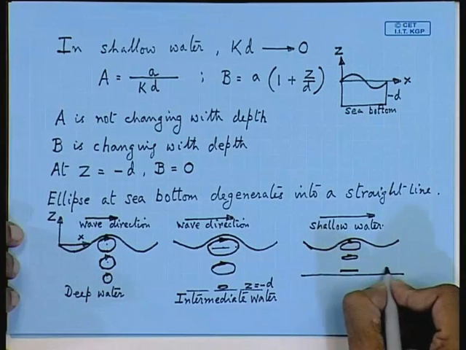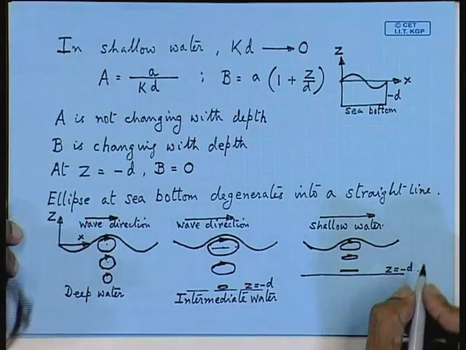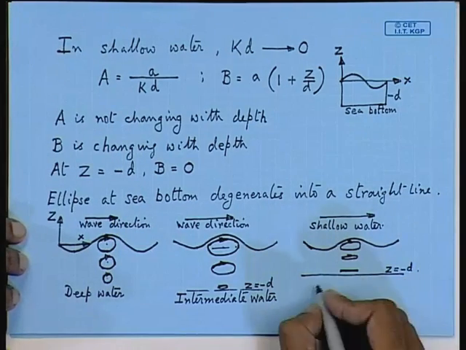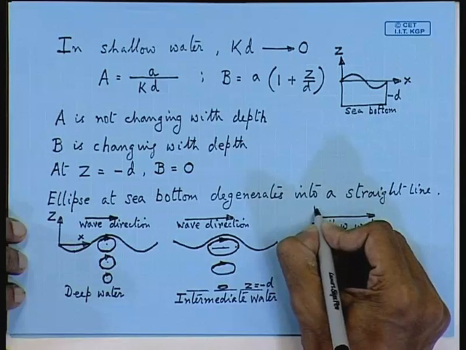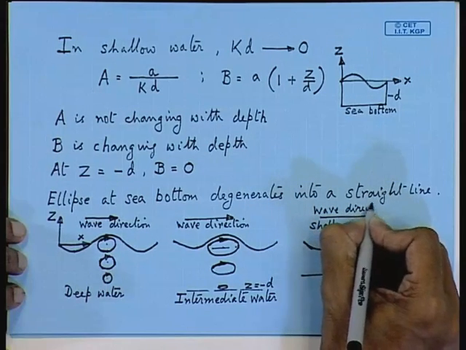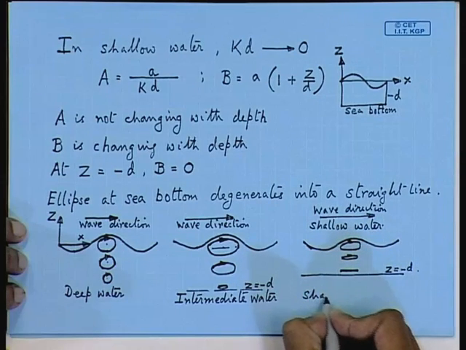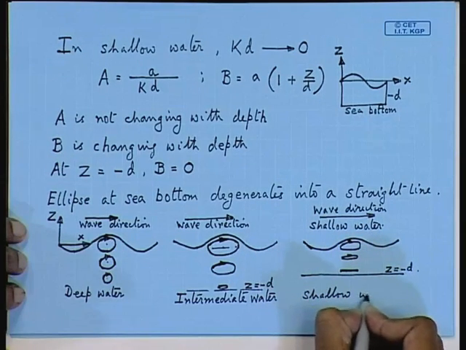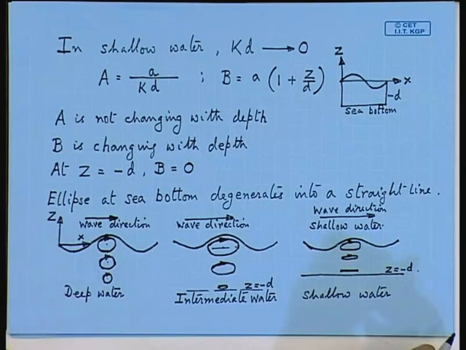So, this is z equals minus d, and this is shallow water. Sorry, this is the wave direction. So this is the particle path.